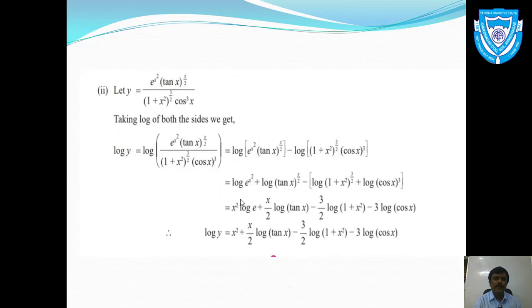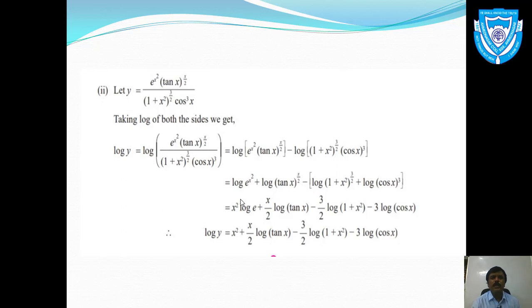Again, one more example we have on screen. You can observe that y is equal to e raised to x square into (tan x) raised to x by 2, divided by (1 plus x square) raised to 3 by 2 into cos cube of x.